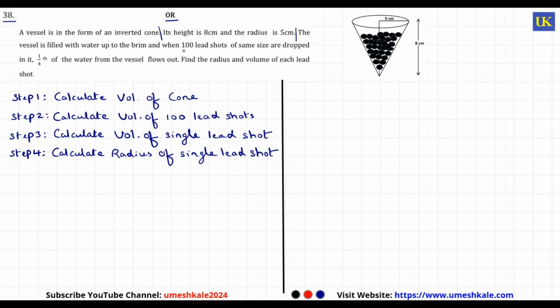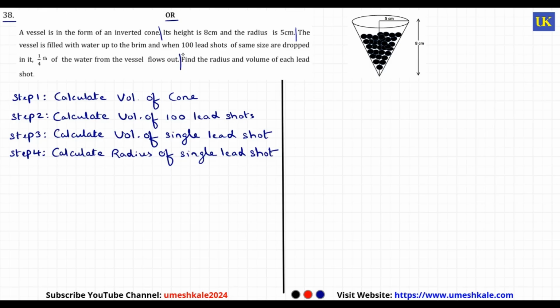And when 100 lead shots, so 100 lead marble-like lead spheres we can say, of the same size are dropped in it, one fourth of water from the vessel flows out.